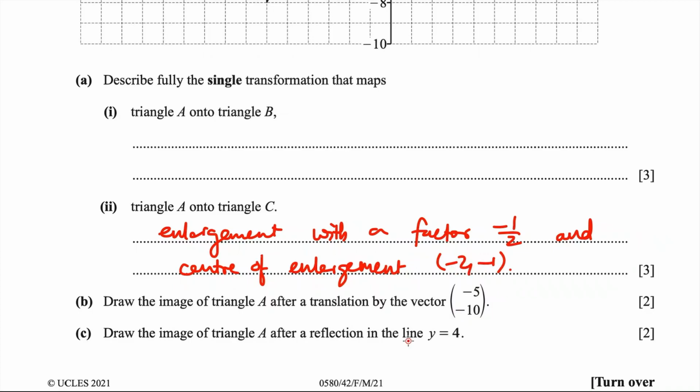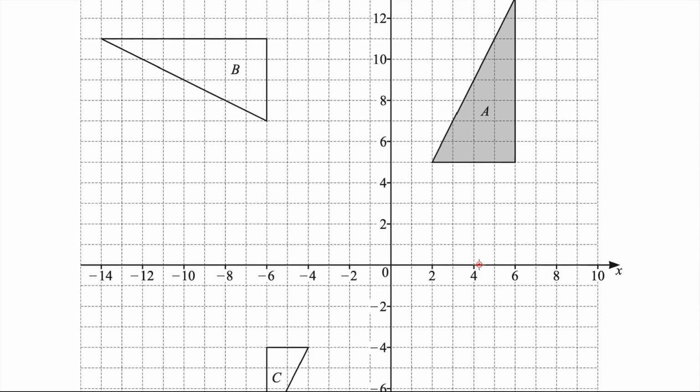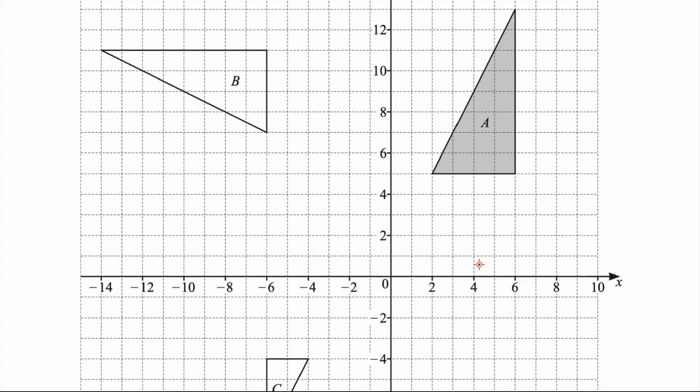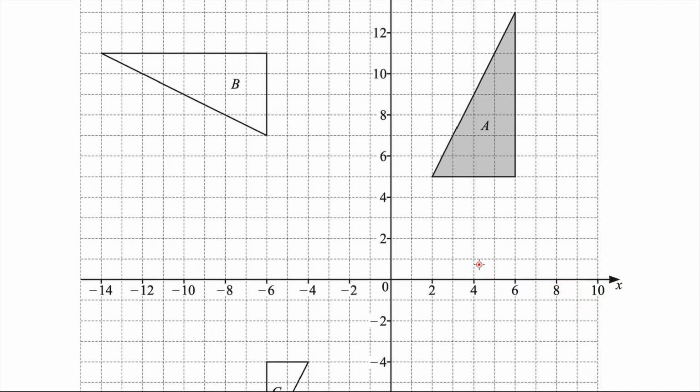In B they are asking for a translation by the vector -5, -10. Translation by a vector is pretty simple. Just pick this point, which is 2, 5.